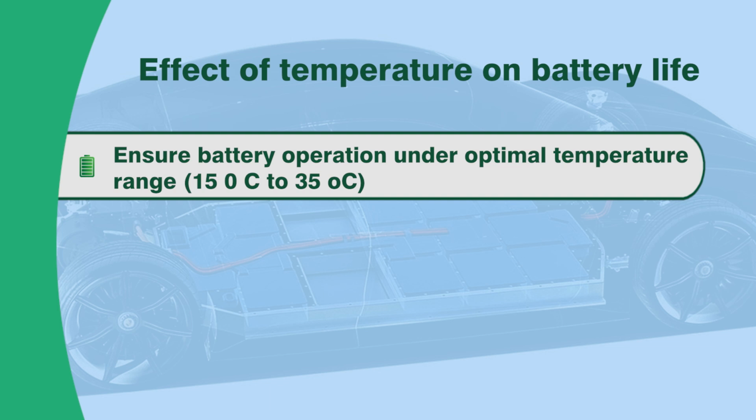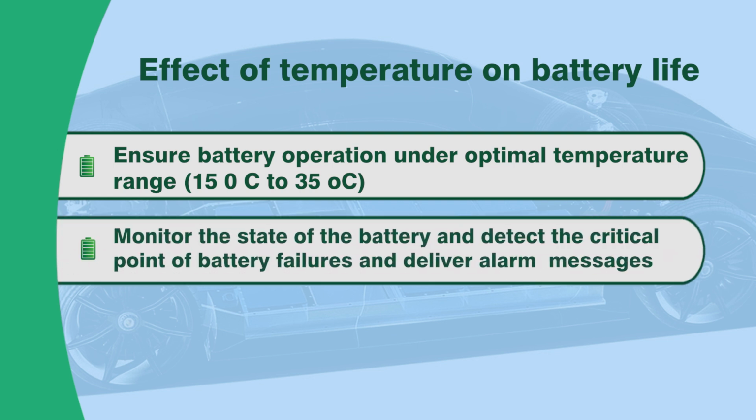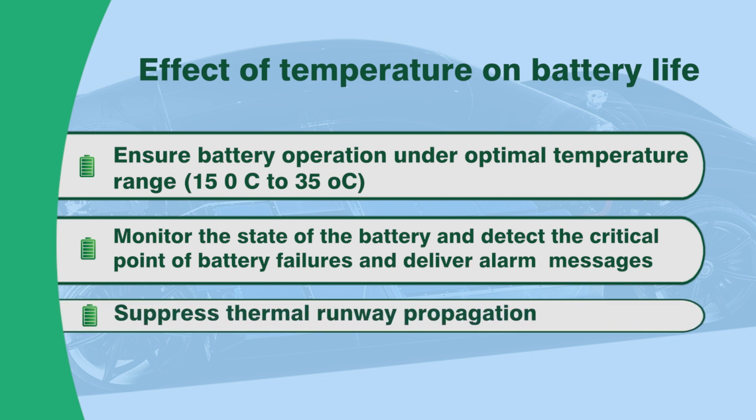We should always ensure that the battery is operated in the range of 15 to 35 degrees centigrade, and we need to detect the critical points of battery failures and deliver alarm measures such that we always have a proper optimal thermal range in the battery. Next, we need to suppress thermal runaway propagation, and that is possible by continuously monitoring the system.